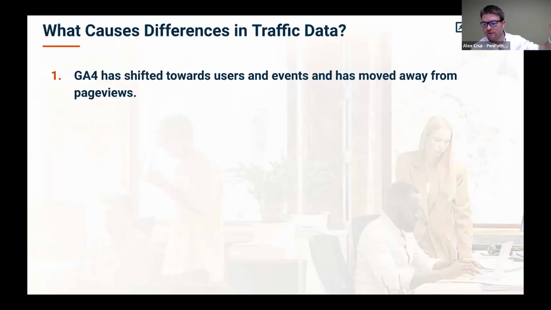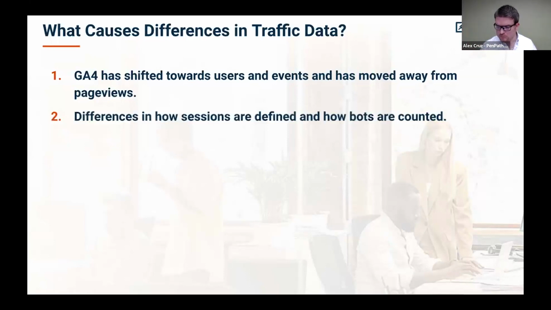It's now moving away from page views and shifting towards what it calls events and a lot more user-focused data. So users are on the website, they're active users, right? Now it just says users, but it means active users. If you look at Google's terminology, that means they're doing things, which is really helpful because you don't want to count people or visits that are not doing anything.